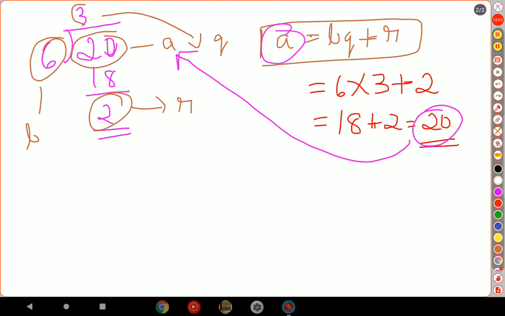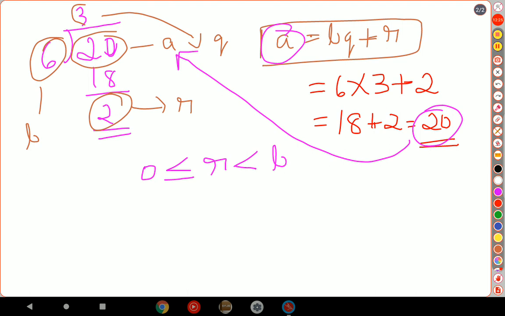Do you remember the condition I told you? 0 is less than or equal to R, which is less than B. Here the remainder is greater than 0, which is 2.